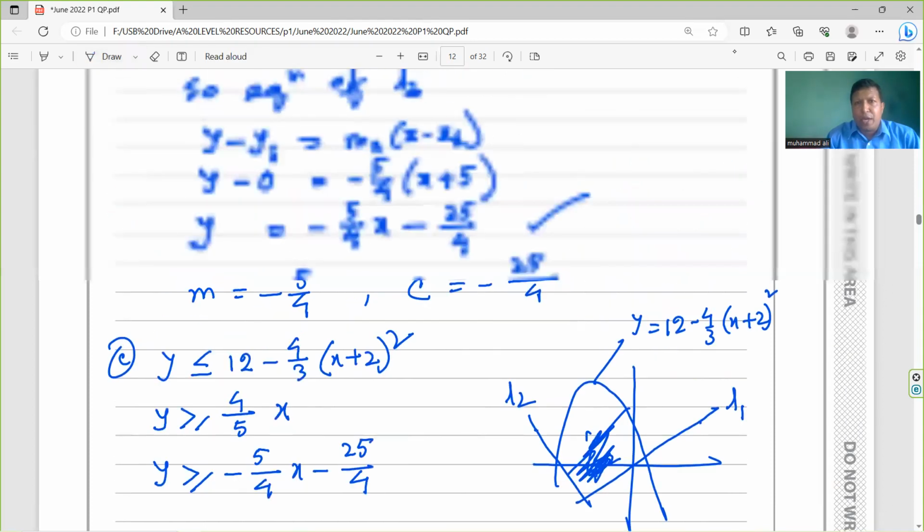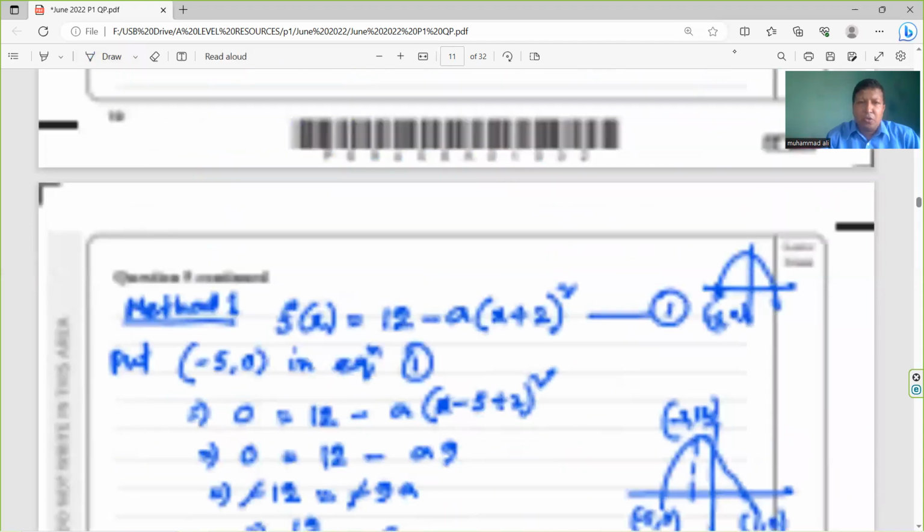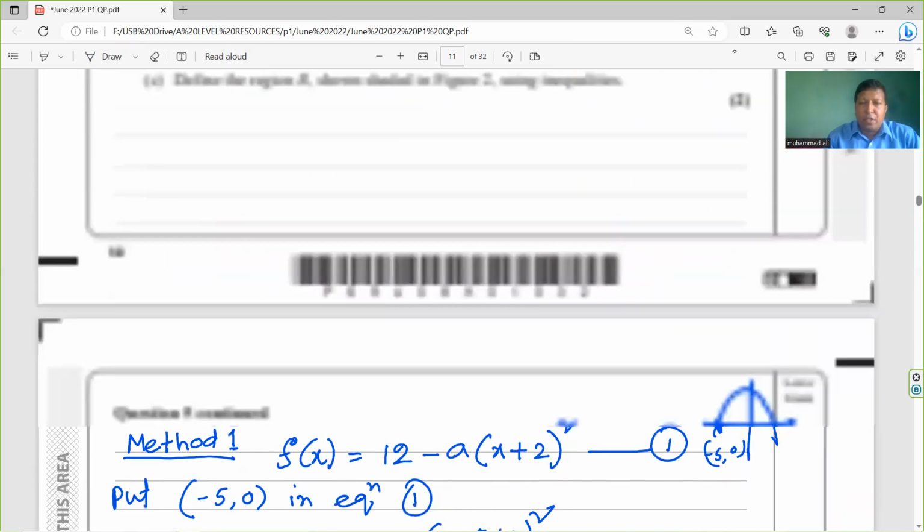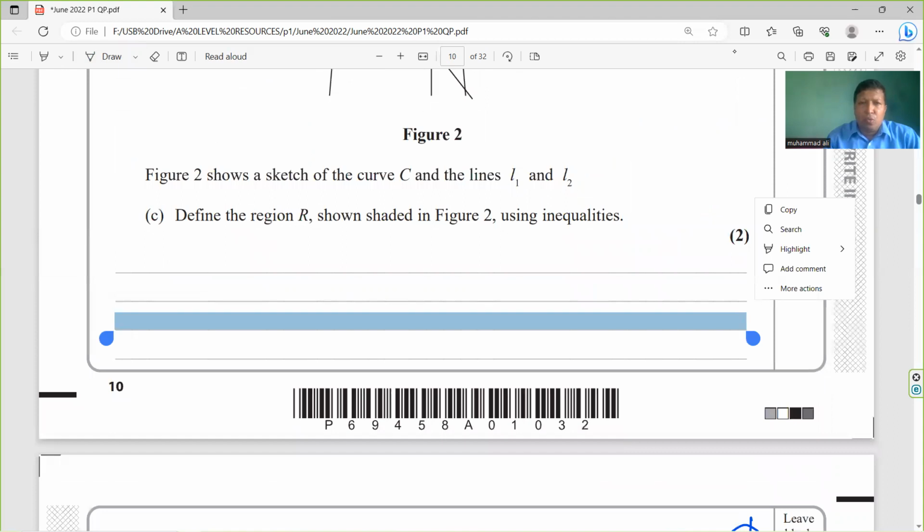I think everybody understands this maths. You just remember, as the curve is cap shaped, its x squared coefficient will obviously be negative. We use the quadratic curve formula. At first, we show two ways.